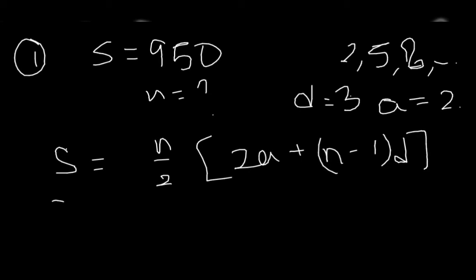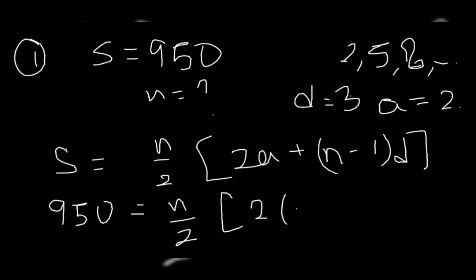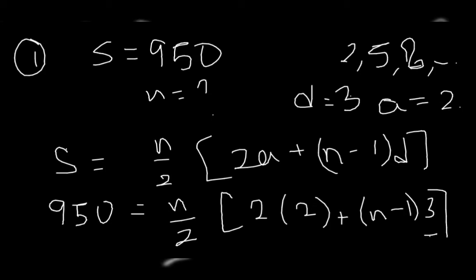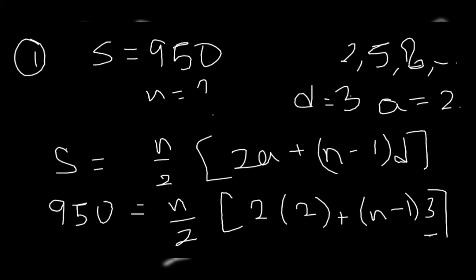What is my S? 950. Then I have n by 2, then I have 2 into 2 plus n minus 1 into 3. This is my equation. Now take 2 here, so it becomes n into 4 plus 3n minus 3.